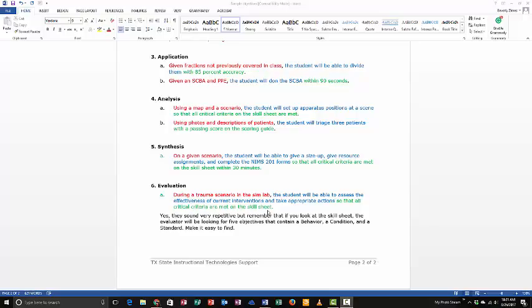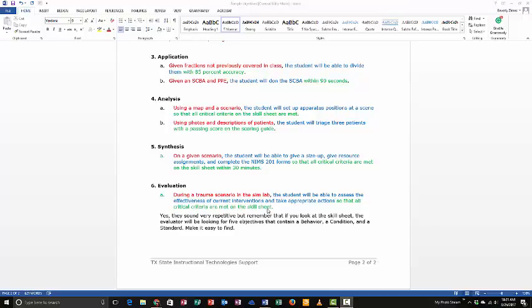And we're going to talk about that when we talk about testing. But the nice thing about saying so that all critical criteria are met on the skill sheet is if something changes and you change the skill sheet, you don't have to go back and change the objective as well, because whatever the current skill sheet is what you're using with that standard.